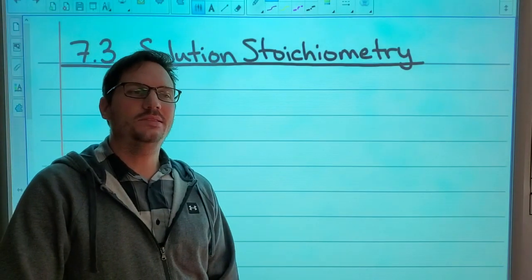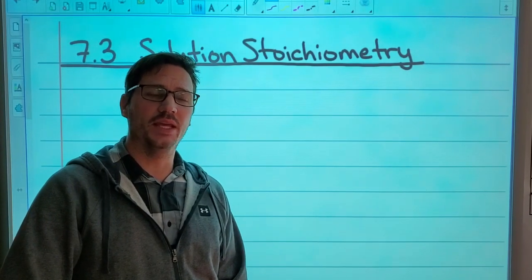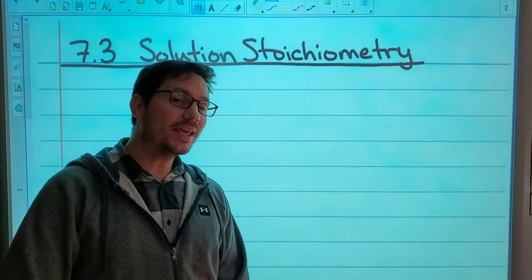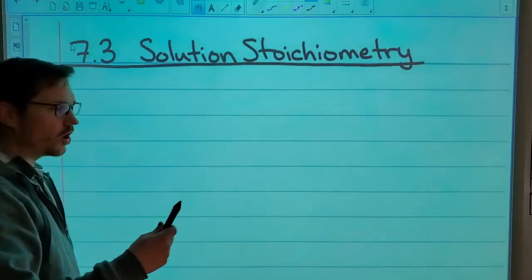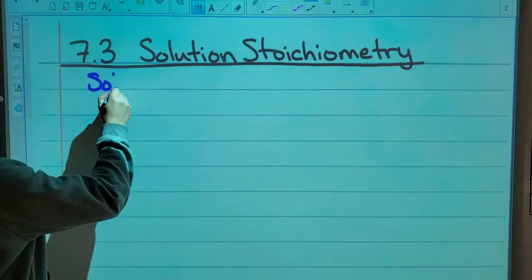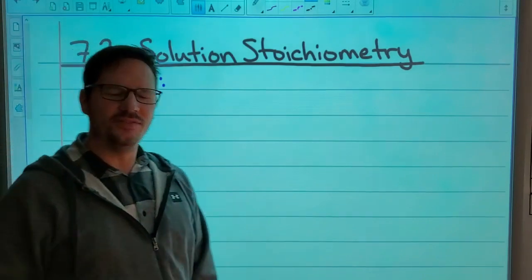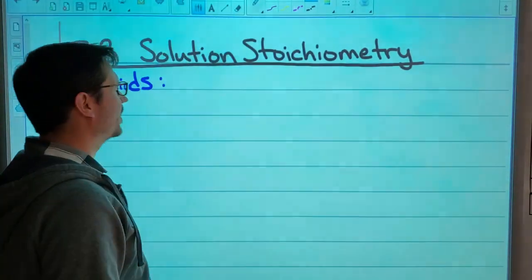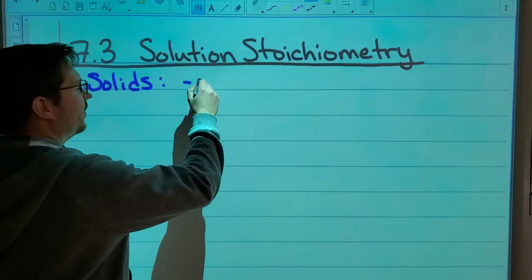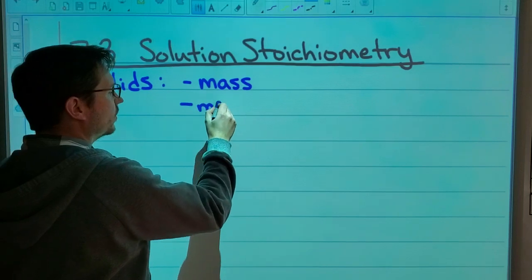We've been talking a lot about gravimetric stoichiometry over the last few days, and I just want to recap that a little bit. When we talk about solids, the amount of a solid is defined by two things: the mass and the molar mass.